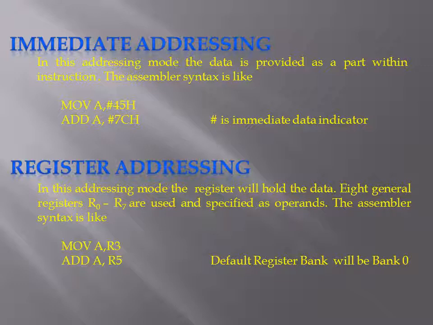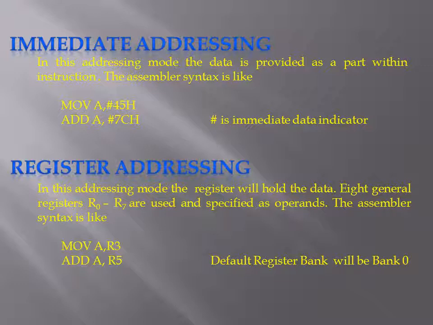Whenever we address registers from R0 to R7, we have bank 0 of these registers available. If we want to move to some other bank, then we have to indicate that we are moving to another bank.